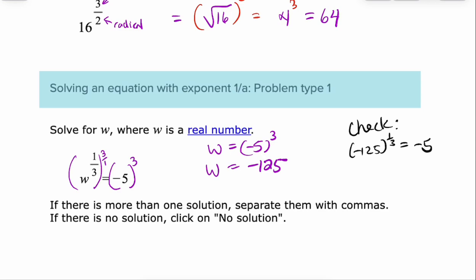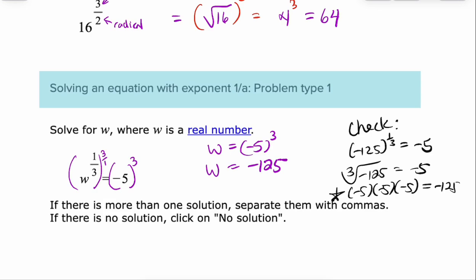Well, sure. The cube root of -125 is -5 because -5 times -5 times -5 is -125. So it makes sense. So negatives that appear inside of a cube root, now they're going to be just fine.